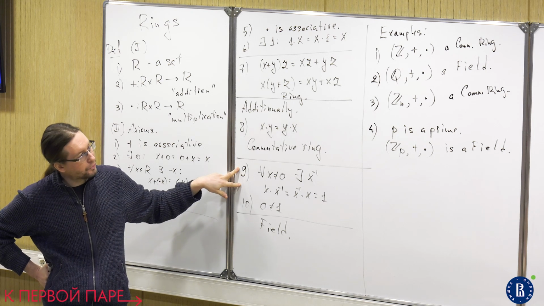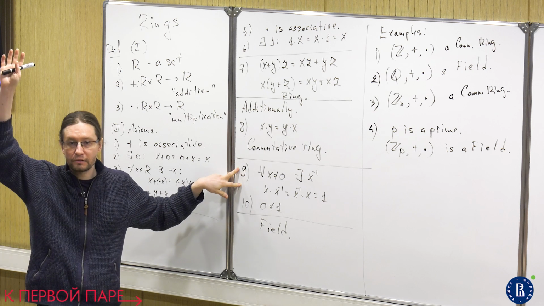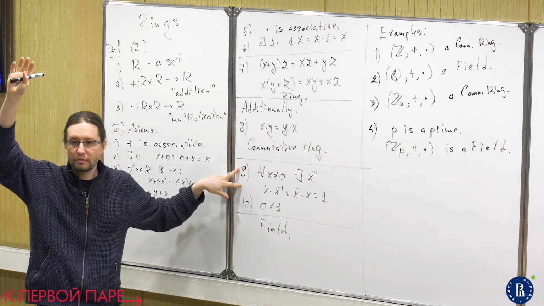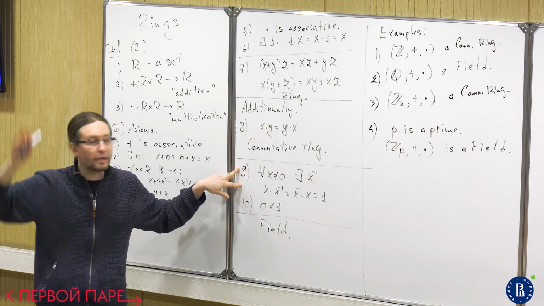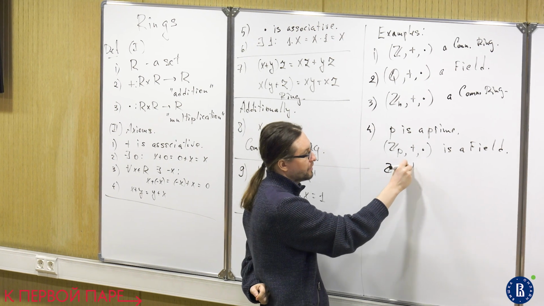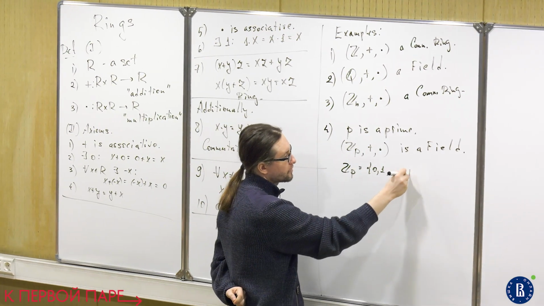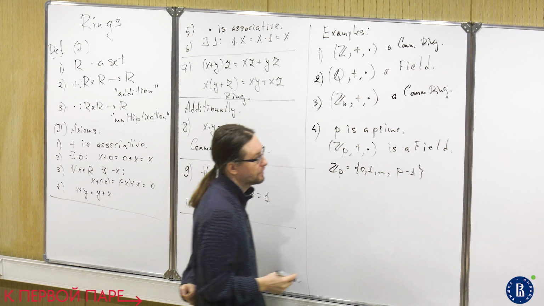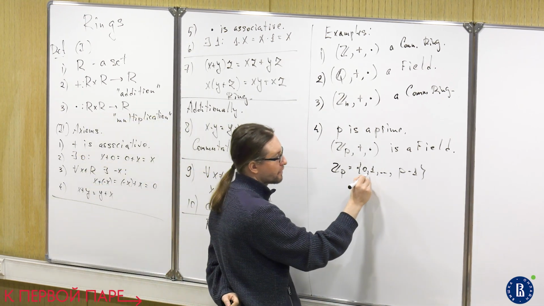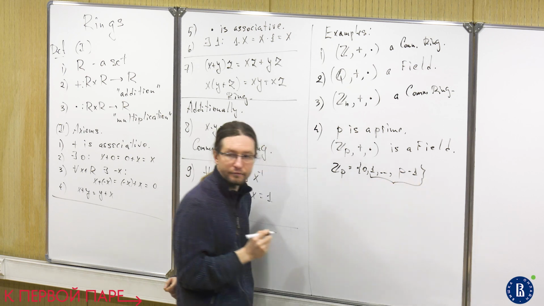Who can prove that axiom 9 holds here? Who sees how to prove this? Okay, let me explain. Just in case, let me recall that Zp is the set of all remainders modulo p. So these are elements from 0 to p minus 1. We want to prove that all non-zero elements are invertible.